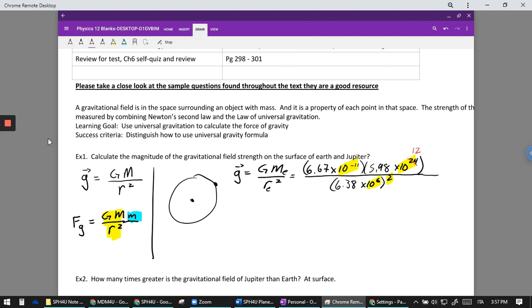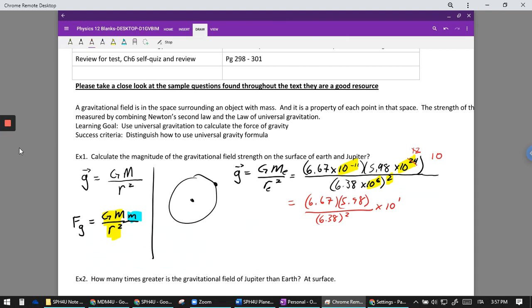So it's actually just going to be times 10. All right. And so the result is 6.67 times 5.98 over 6.38, still squared, times 10 to the 1.